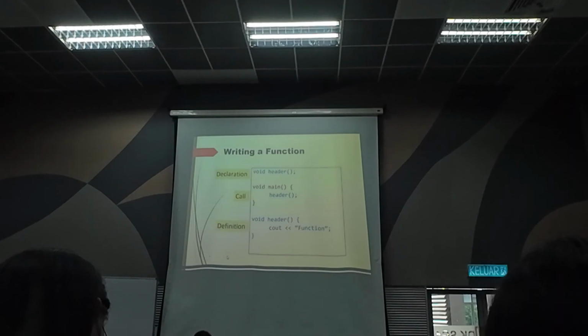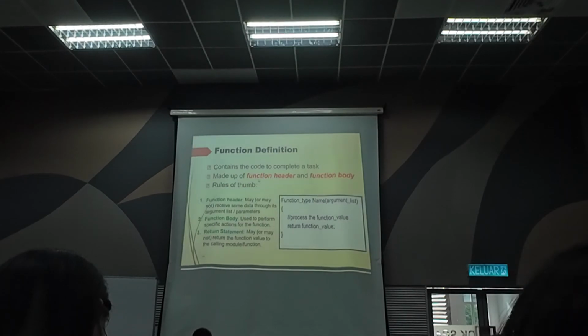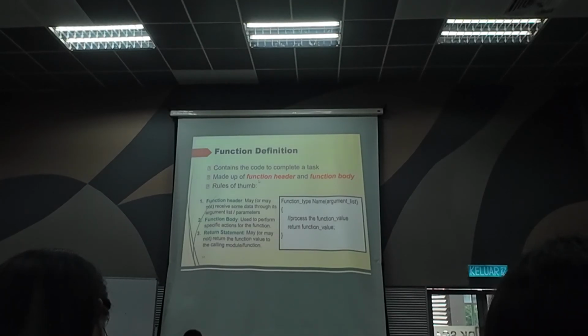Once you have declared your function prototype, you will go to the function definition. This is where you put the code to complete the task, so every process will be in this function definition. It is made up of the function header and the body. This is the header.